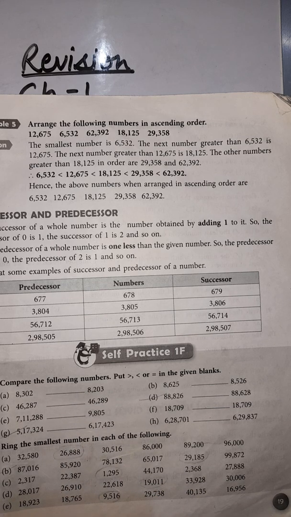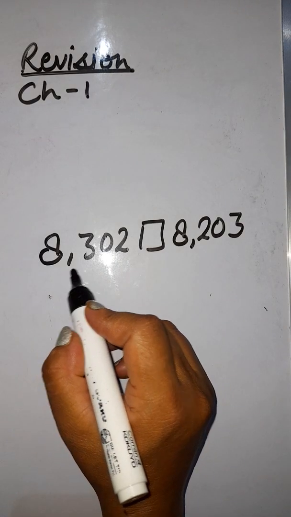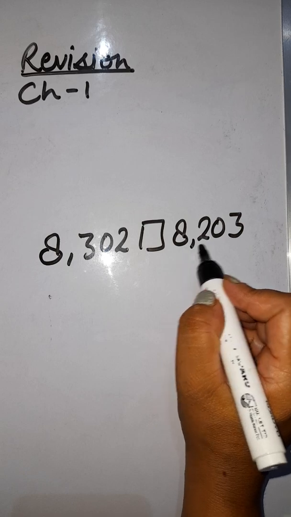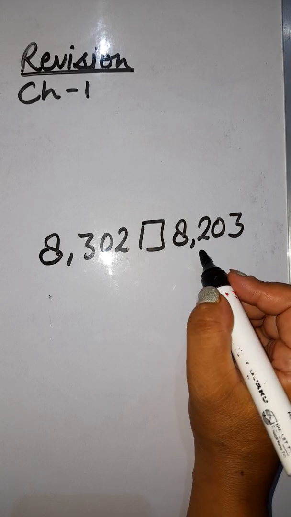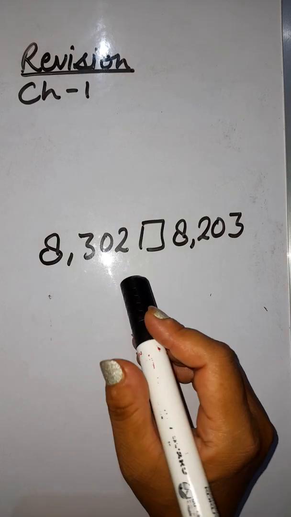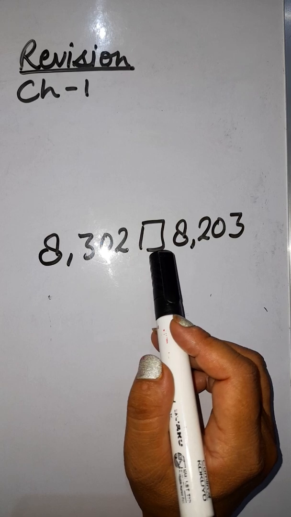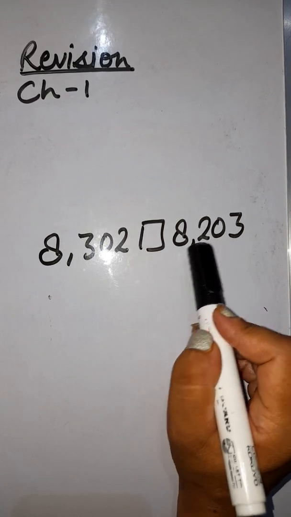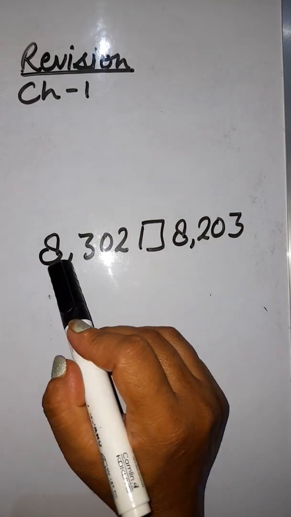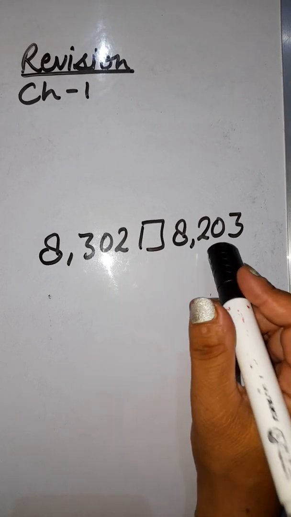Here we have written 8302 and 8203. What do we do first? First, just check the digits on both sides. How many digits are in both numbers? 1, 2, 3, 4, 1, 2, 3, 4. Both sides are 4-digit numbers.